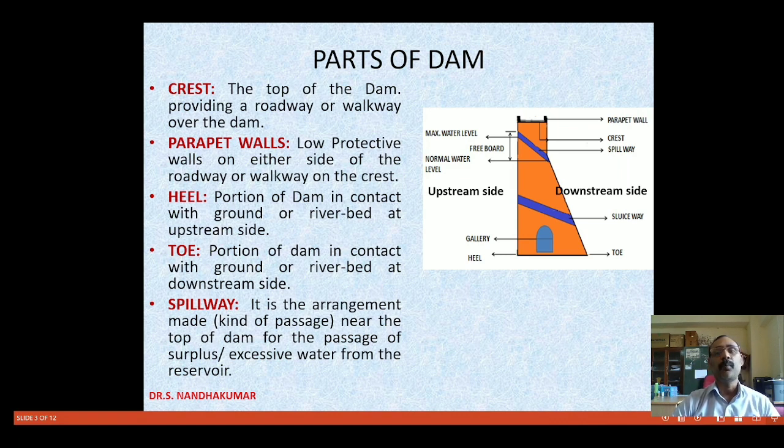The toe is the opposite: the same portion lying on the discharge side. The spillway is for excess water. If there is excess water, it is expelled from the dam through this passage, which we call the spillway.